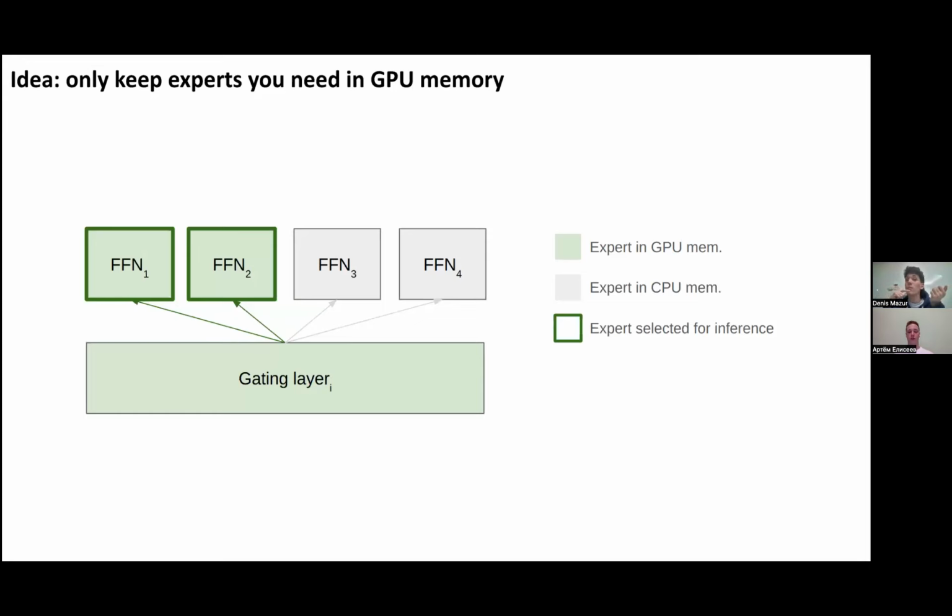If we're talking about Mixtral, you only need 2 experts per inference per layer, which is shown on this slide. So for example, our gating layer shows experts 1 and 2. They are unloaded onto GPU memory, and the rest just stay on CPU.